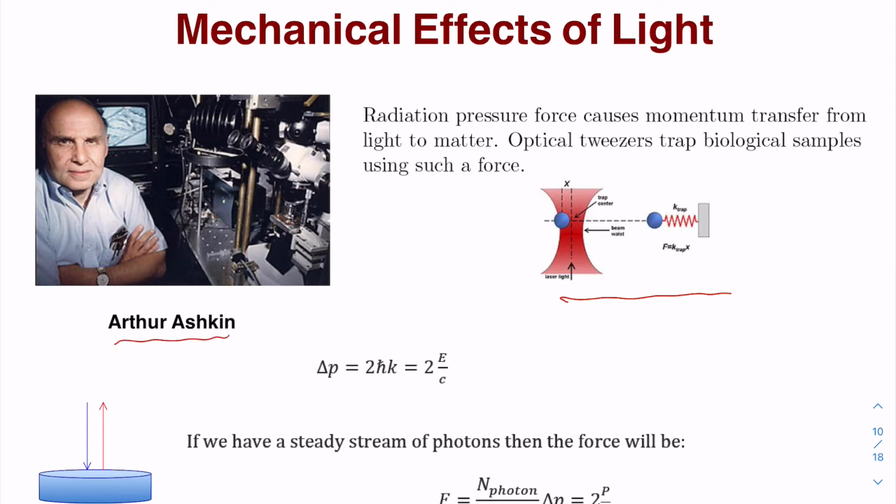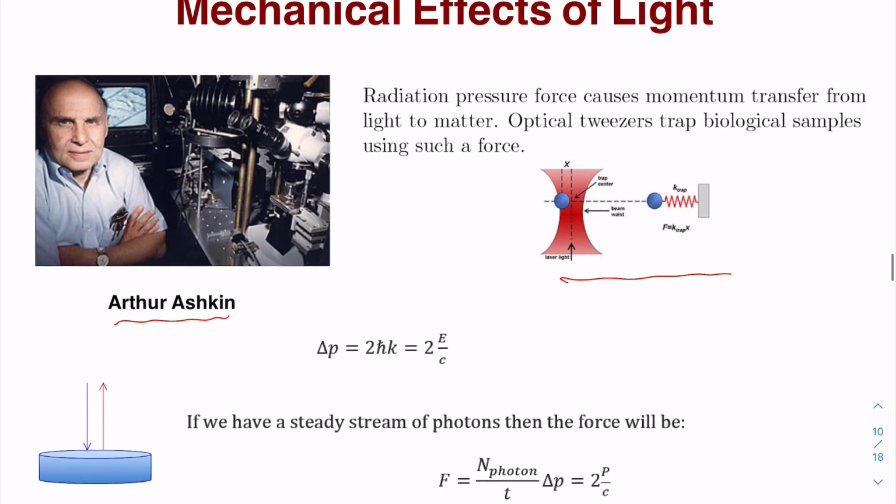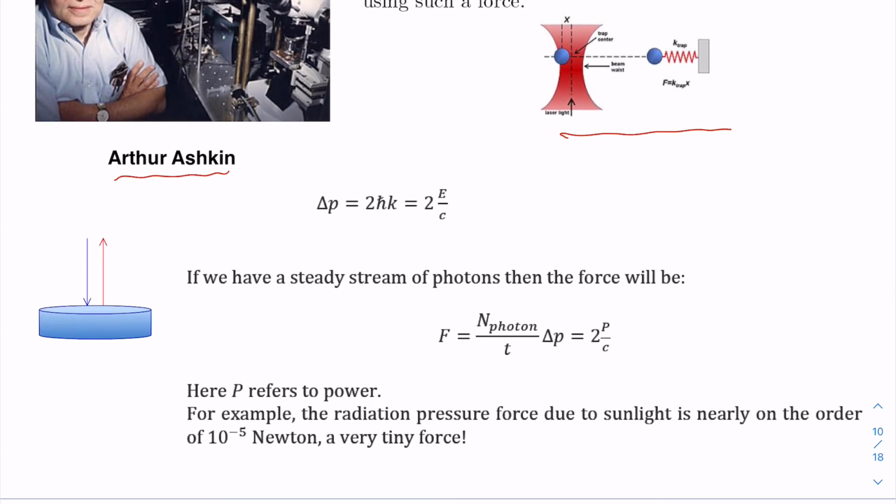Arthur Ashkin of Bell Labs contributed significantly towards understanding the radiation pressure force, for which he eventually got the Nobel Prize also.